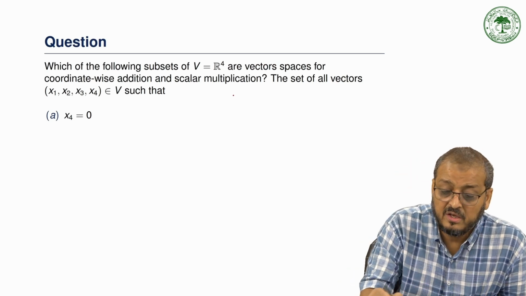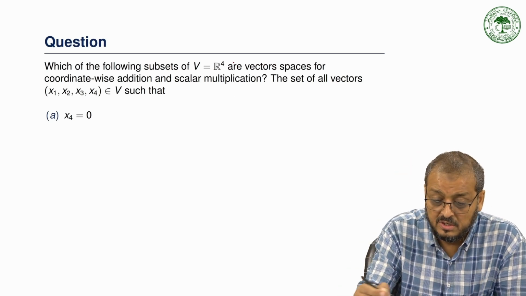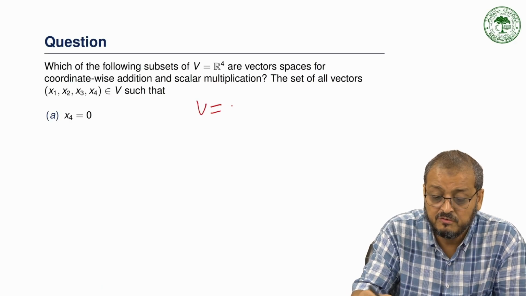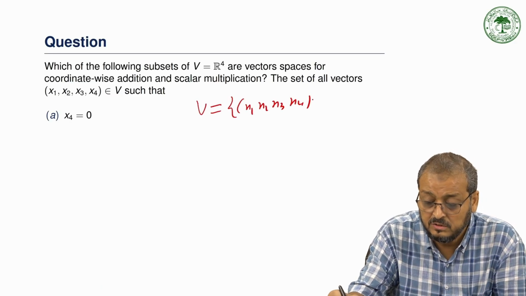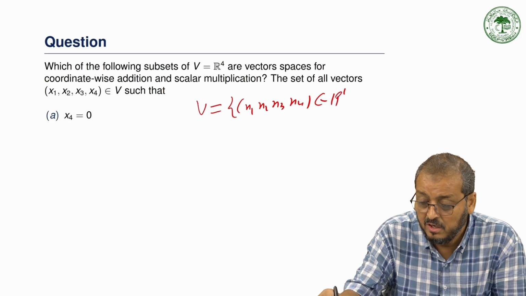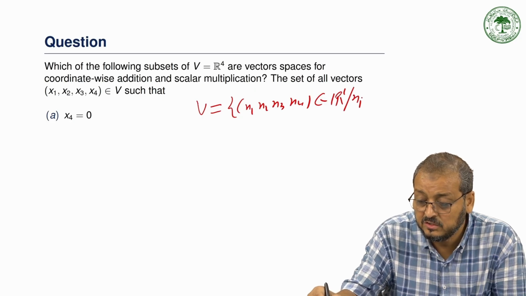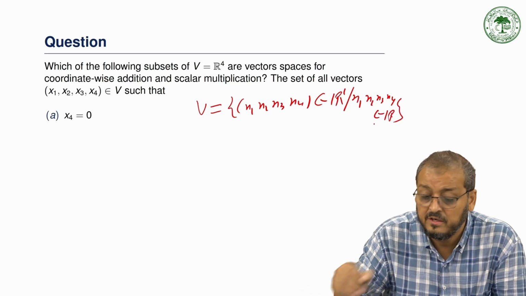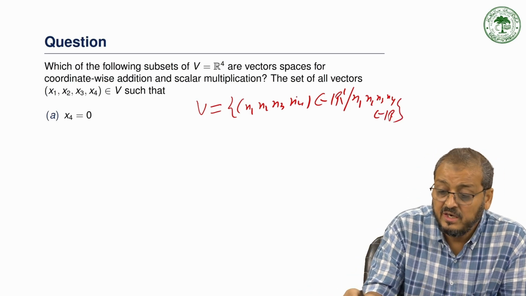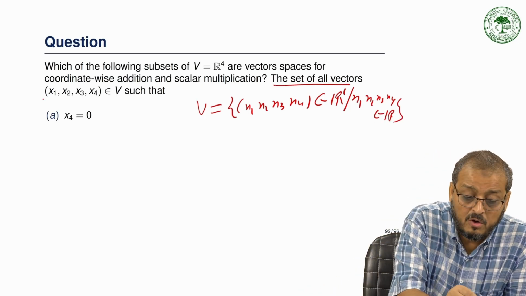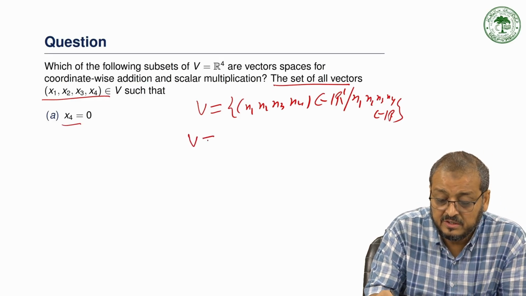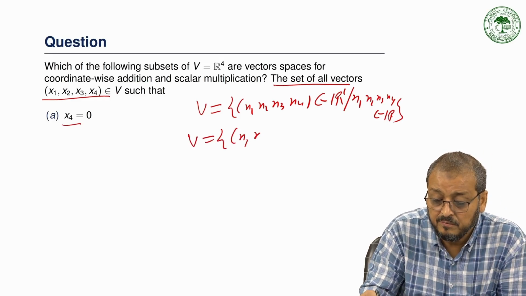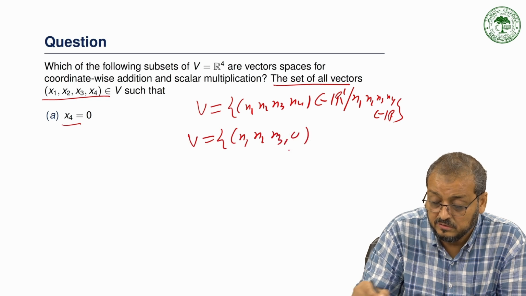We have a vector space V in R4, which means we have an element x1, x2, x3, x4, such that x1, x2, x3, x4 are any real numbers. The question says, take the set of all vectors such that x4 is equal to 0, which means vectors of the form x1, x2, x3 and 0.